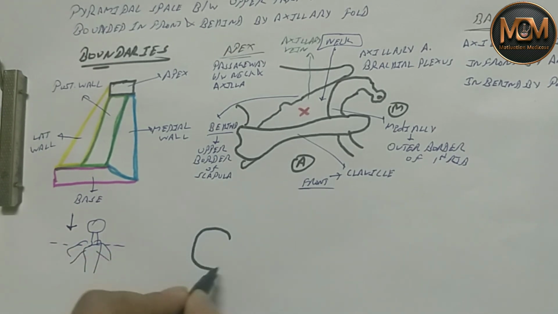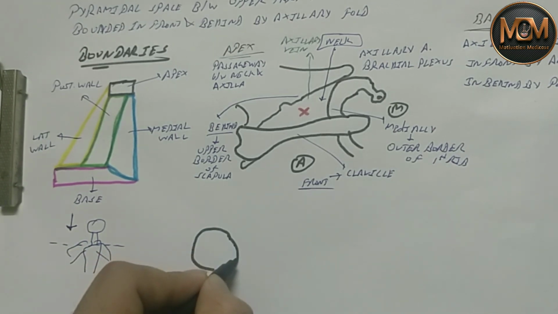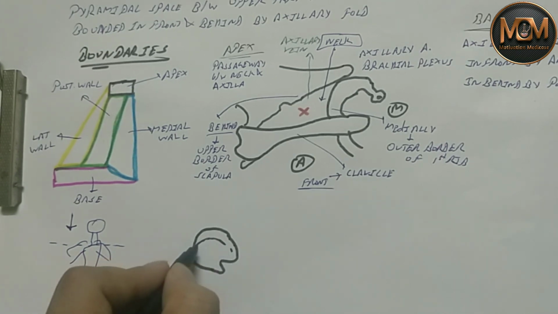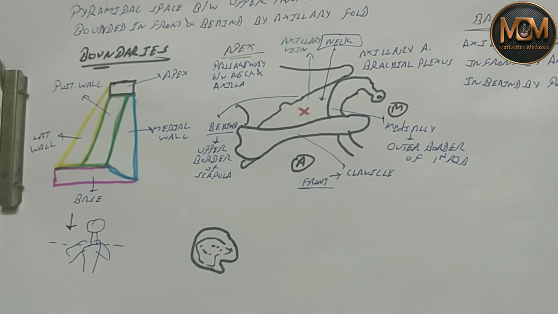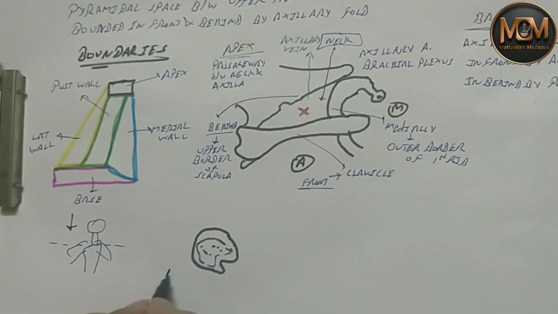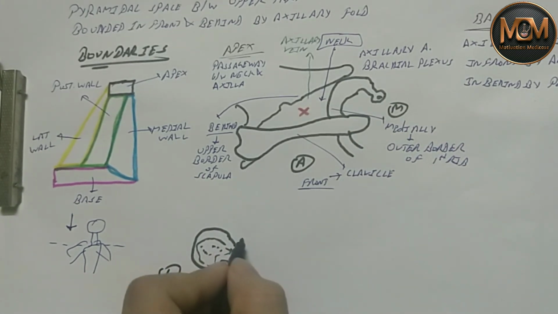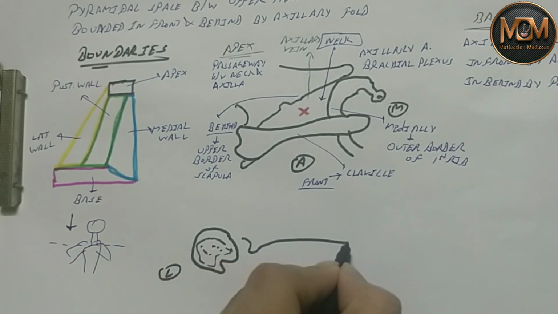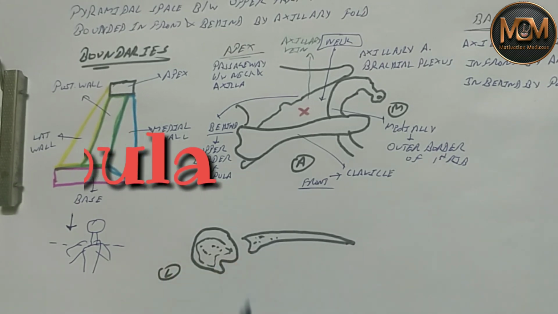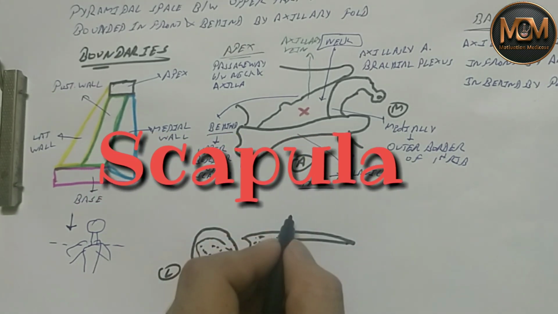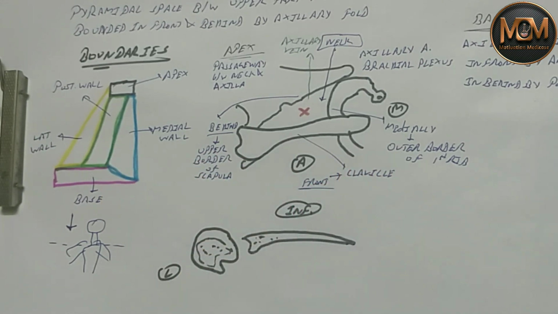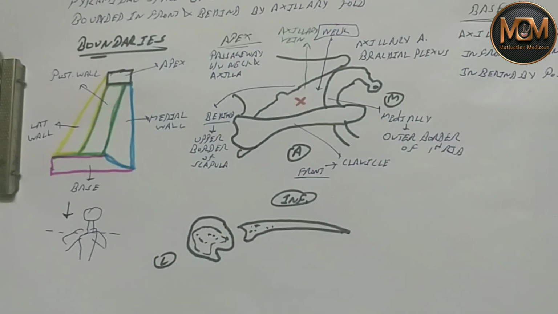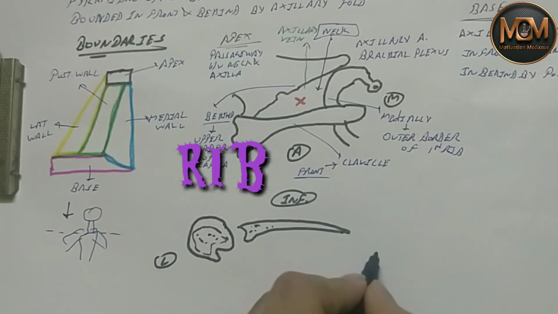First of all, this is going to be the humerus. Now this is the lateral side. On this side is the scapula, which is behind, and on the medial side is a rib.